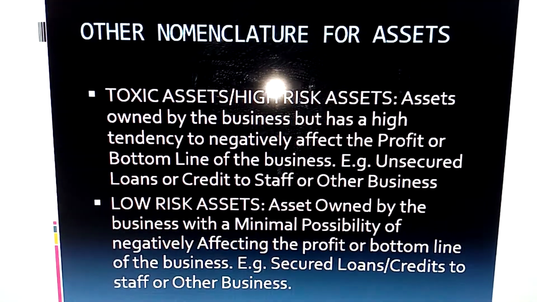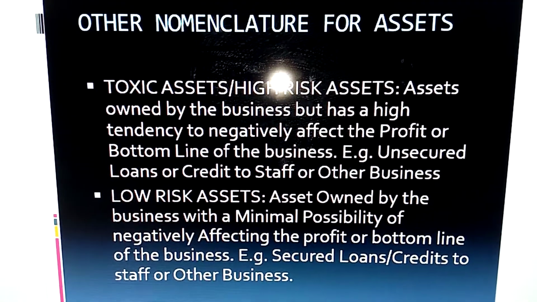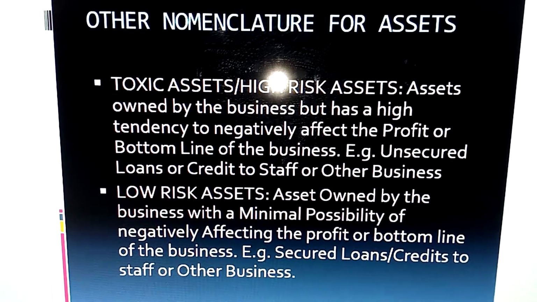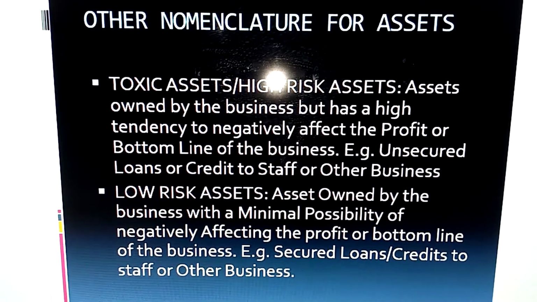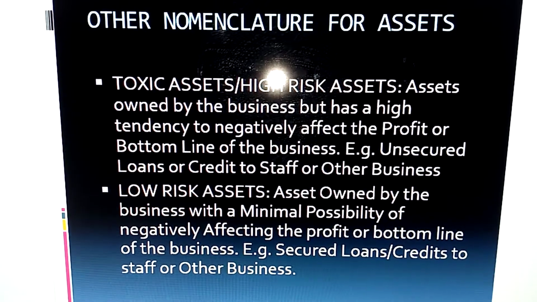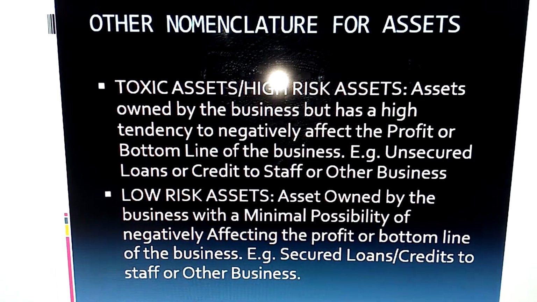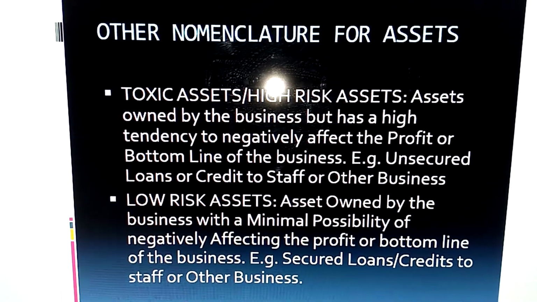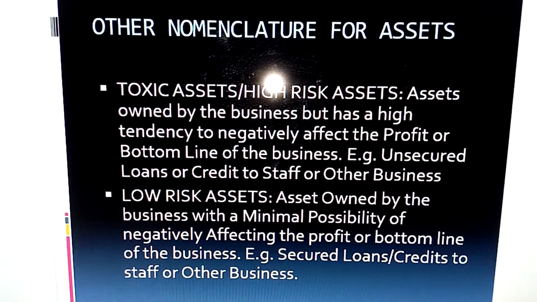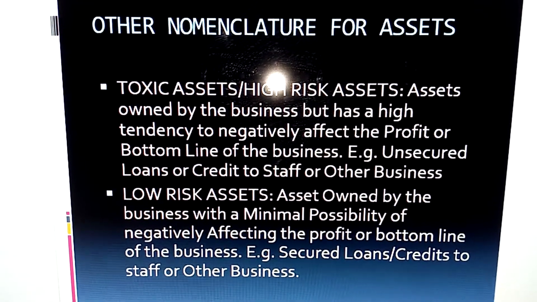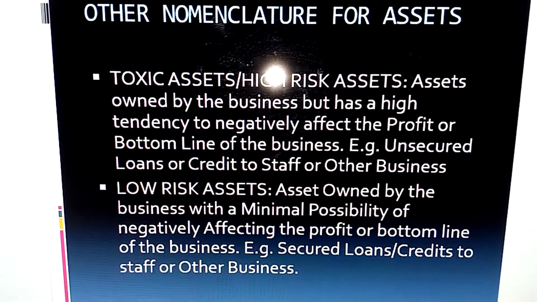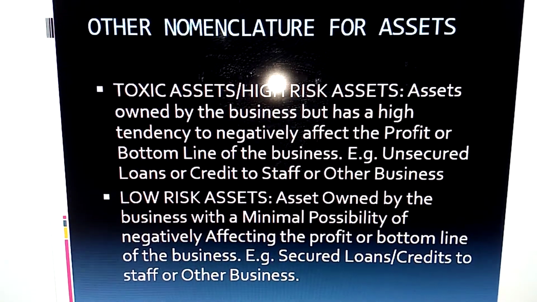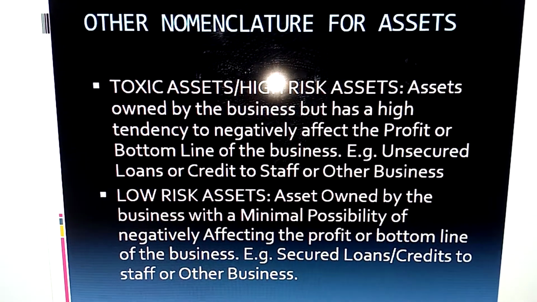If we lose that staff before the loan is paid back, there's the tendency that the company or the business loses the unpaid part of that loan. That kind of scenario, we can refer to that type of debt, remember, debtors are assets, as a toxic asset or a high risk asset.